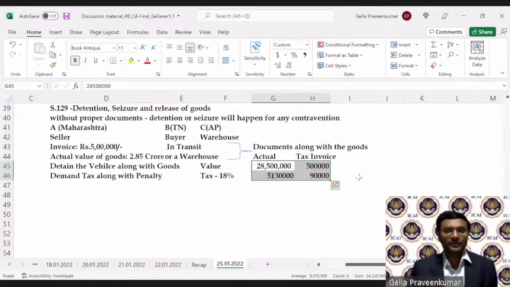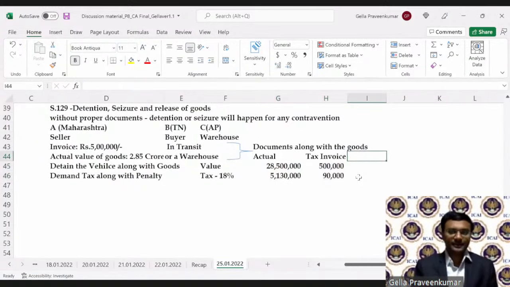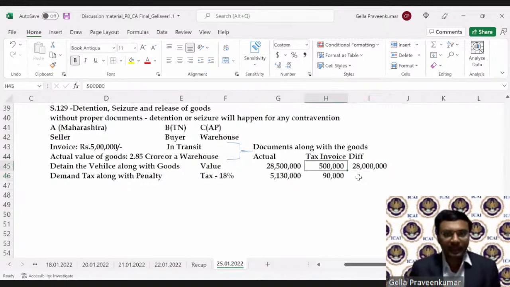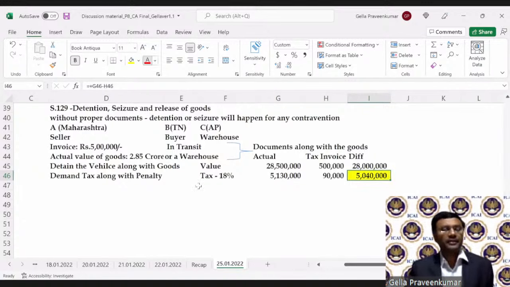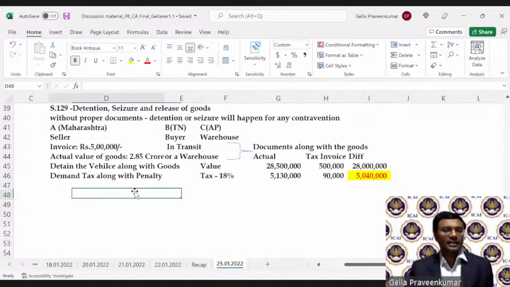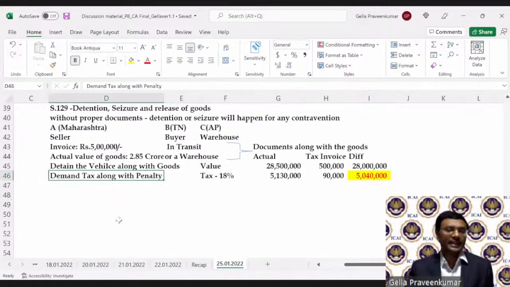Now, what is the difference? This is a short payment of tax, right? So the officer can demand tax along with penalty. When the officer is going to demand tax along with penalty, let us look at the provision.